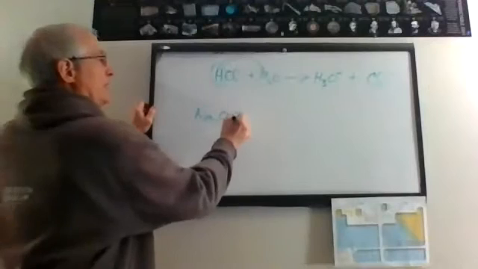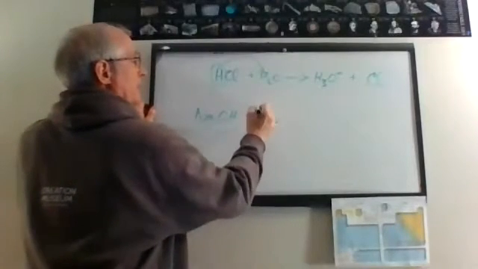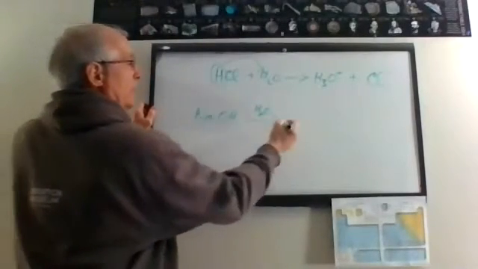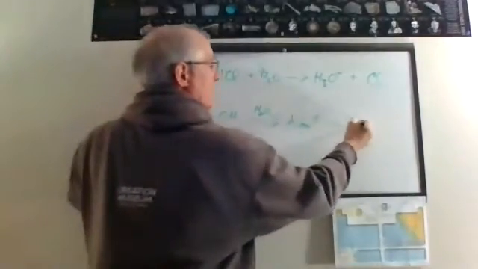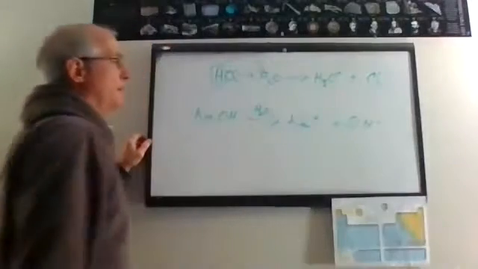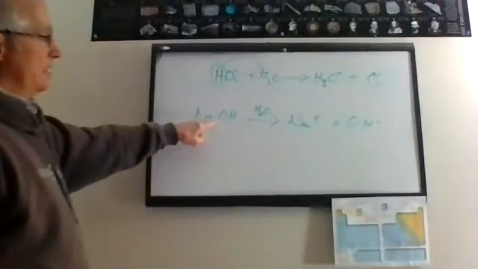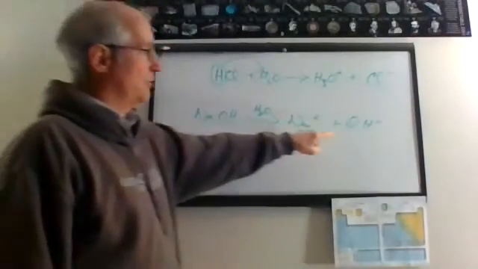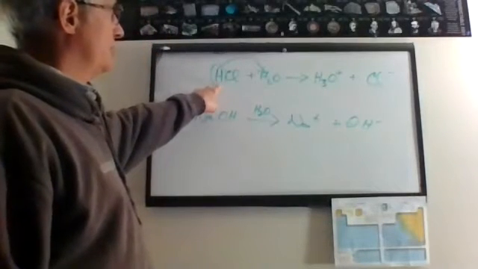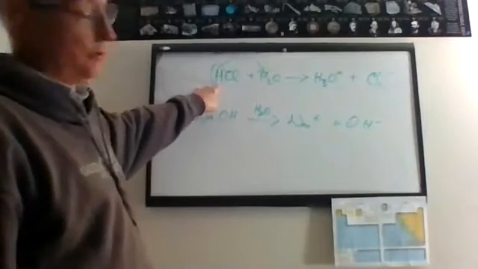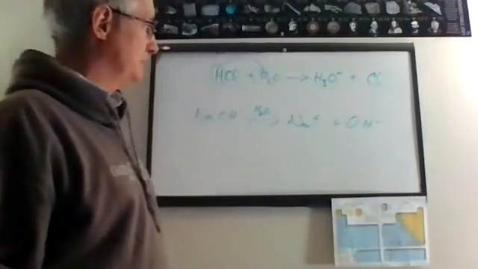Sodium hydroxide, you put that in water, and you're going to get sodium ions and hydroxide ions floating around in the water. So that's a hydroxide producer, so it's called a base. This is a hydrogen ion producer, so it's called an acid.